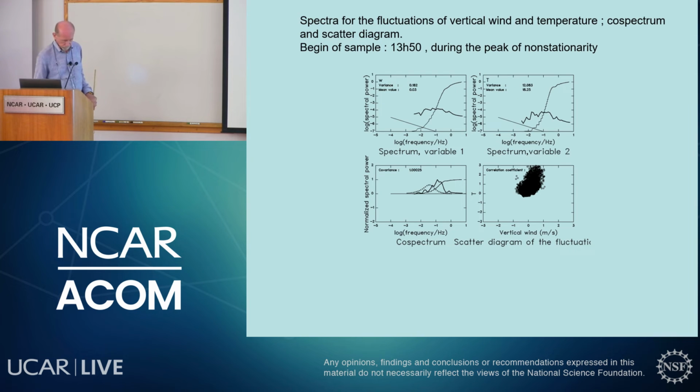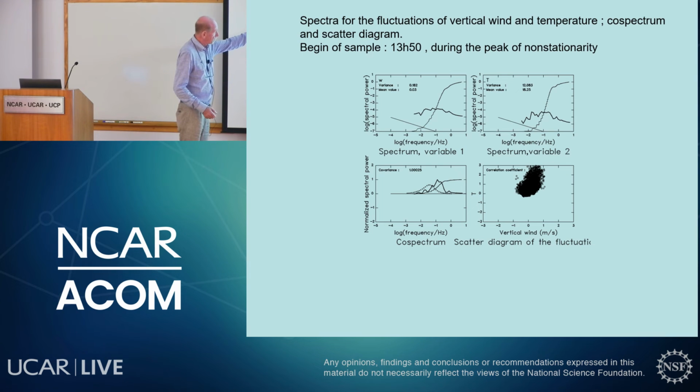Now, I calculated the spectra and cospectra of turbulence. This sample is during the peak of non-stationarity, so the transition period. And you can see, not very well, but you can note, this is the Kolmogorov curve of the inertial region of the spectrum.